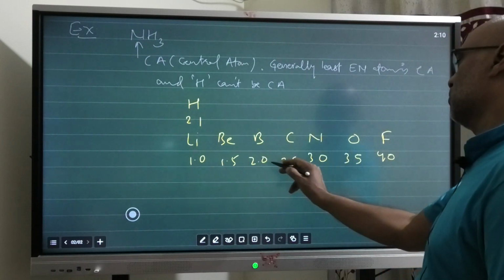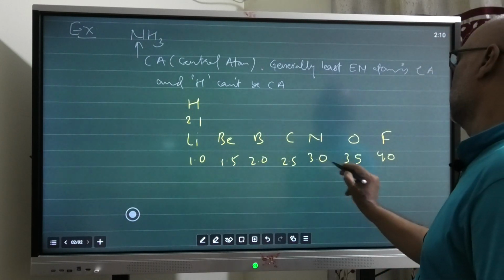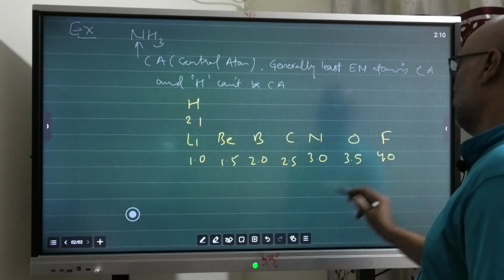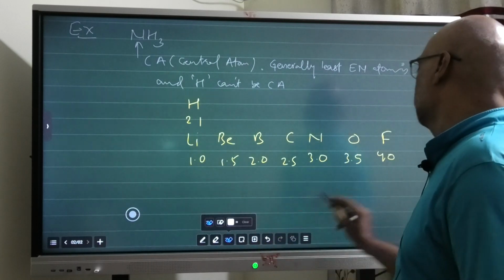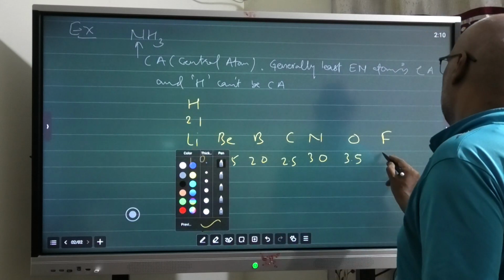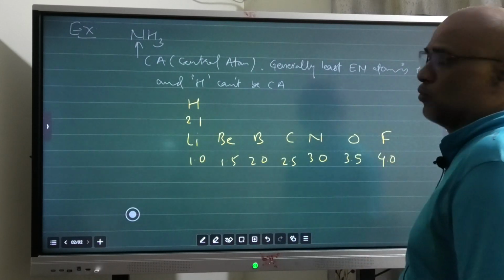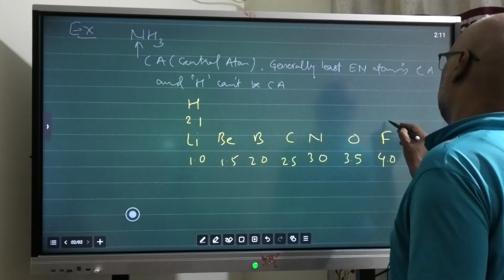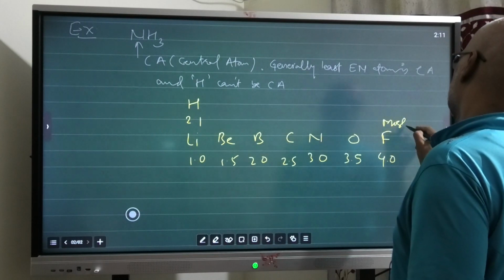So 1, 1.5, 2, 2.5, 3.0, 3.5 and 4.0. Got it? Very simple to remember. 4.0 is the most electronegative.